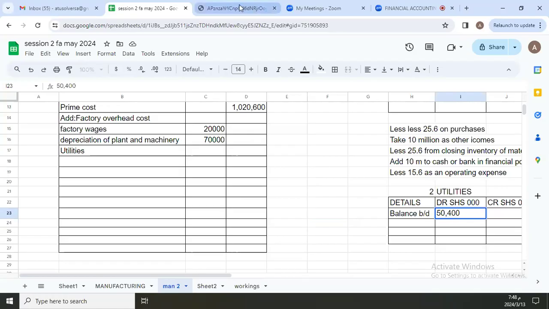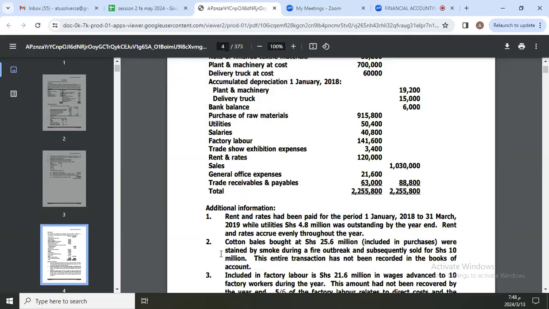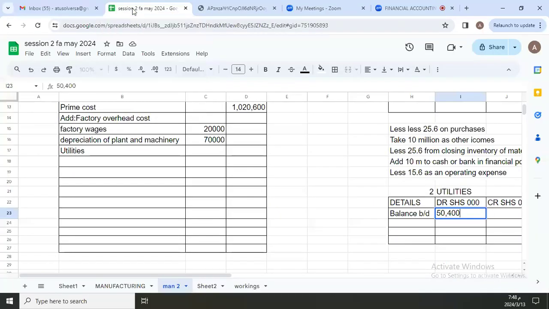So they are telling us that during the year, this one was still an expense for the year. We have used it, but we had not yet paid for this amount. So we come still here, we say expense for the year.